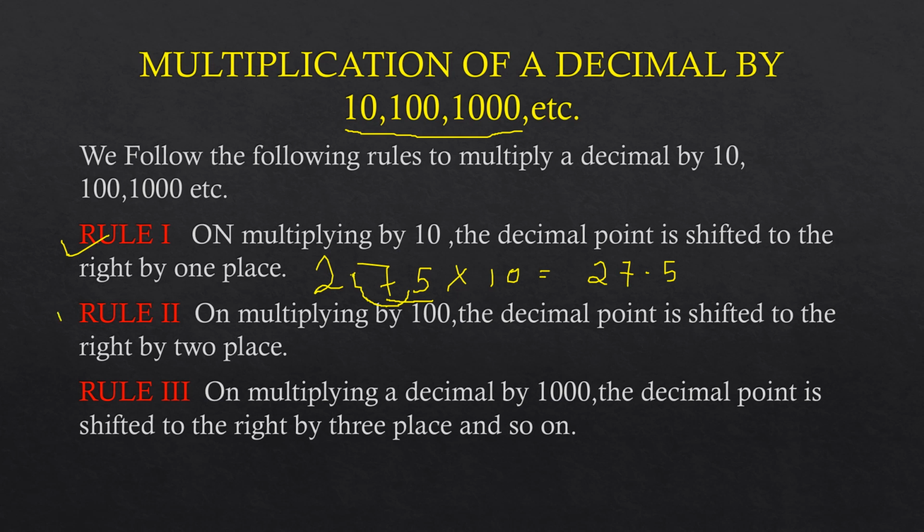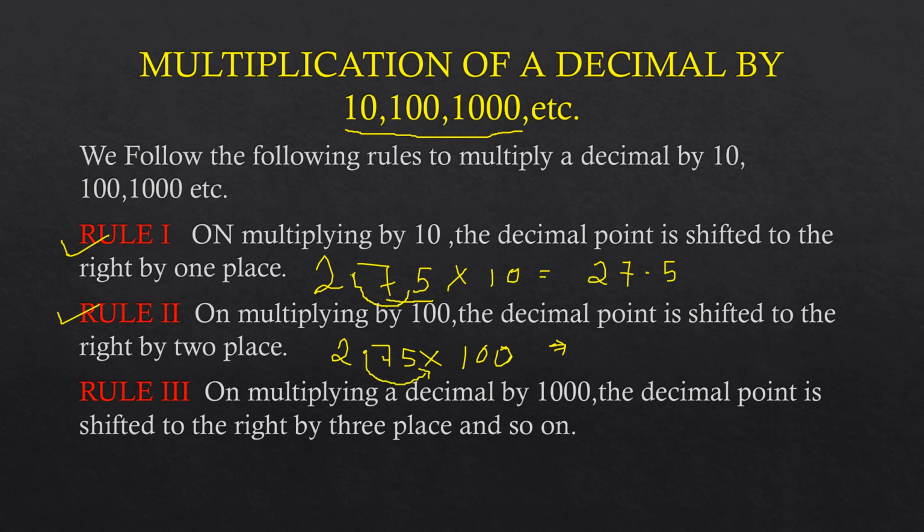The second rule says that on multiplying by 100, when we have any decimal number and we are multiplying it by 100, the decimal point gets shifted to the right by two places. Let's say we have 2.75 again, and we are multiplying this decimal by 100. The decimal point will get shifted to the right by two places.